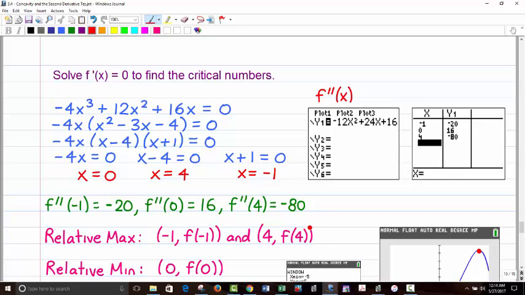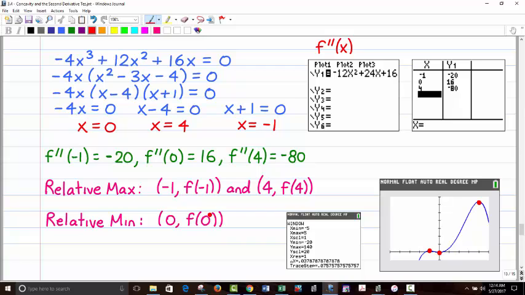So negative 1, f of negative 1, and 4, f of 4, would be maxes. And then because 0 produced positive in the second derivative, it's a min. And sure enough, the graph backs that up. Come up here, there's a max. It dips down just for a second to a min, and then comes up again to a max.